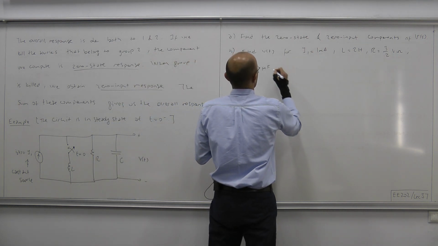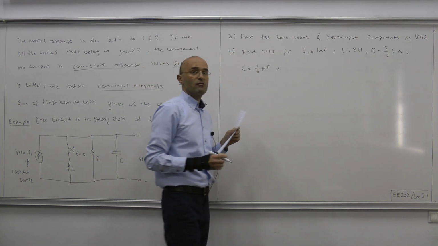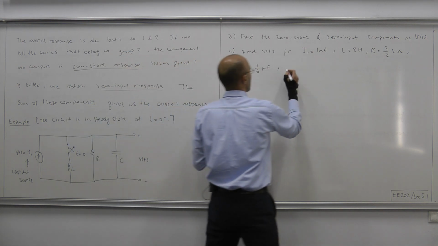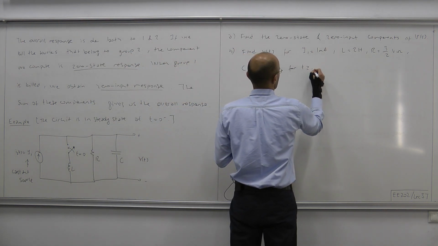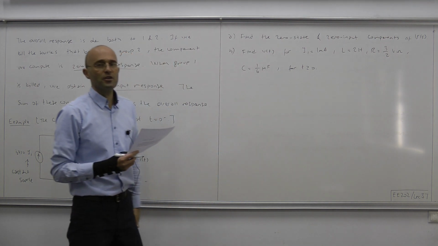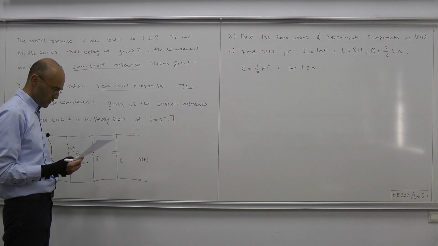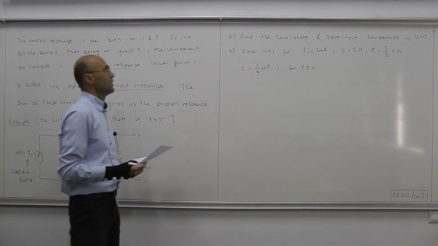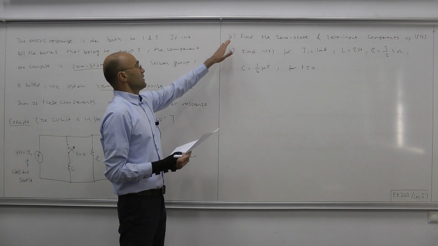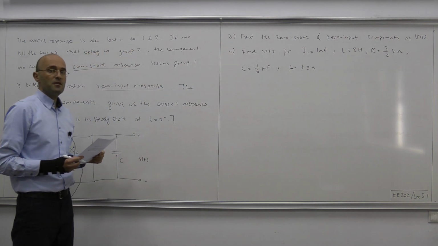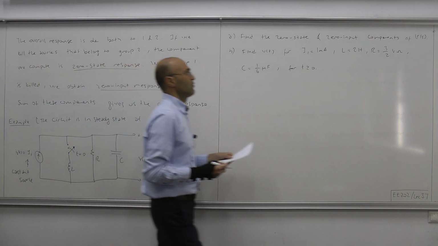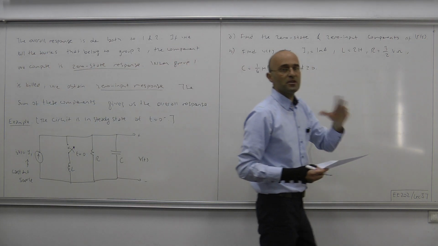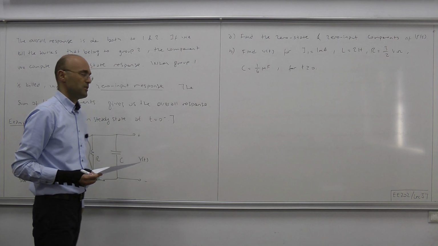Okay, and we have to figure out V of t for those numerical values after the switch is closed, for t greater than or equal to 0. Okay, so let's begin our solution. Since we asked for V of S, the first step is transforming the circuit to S domain.